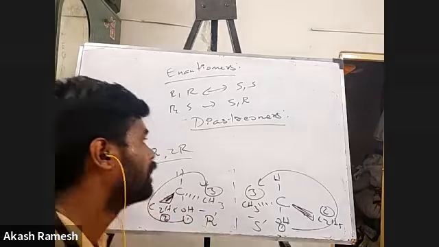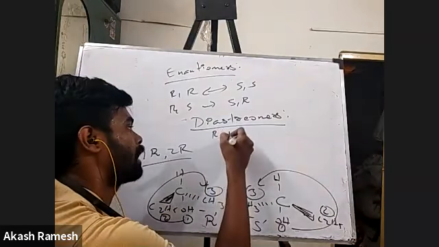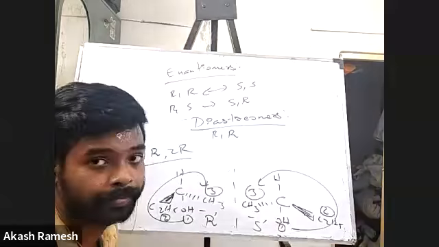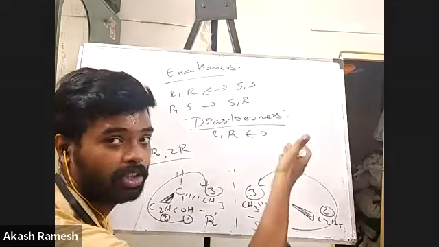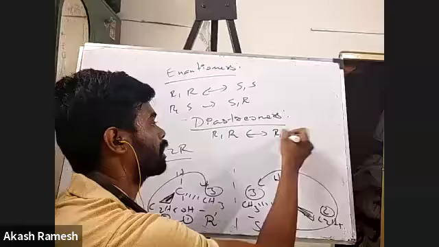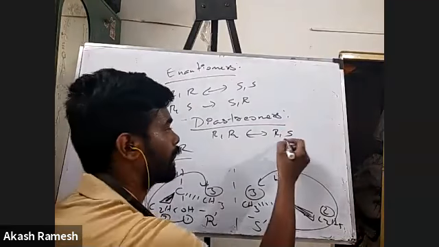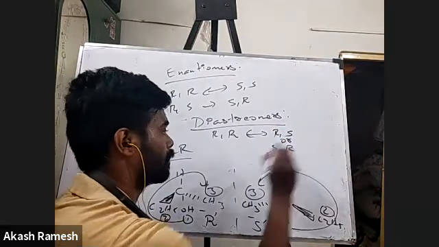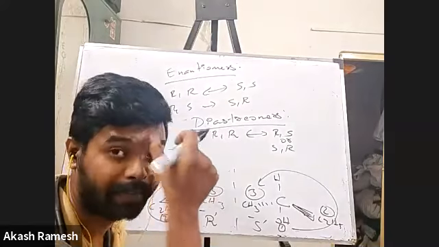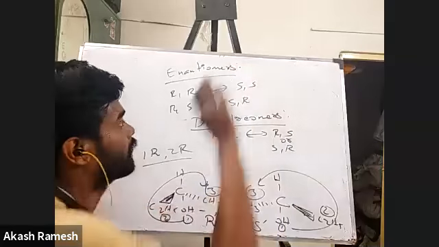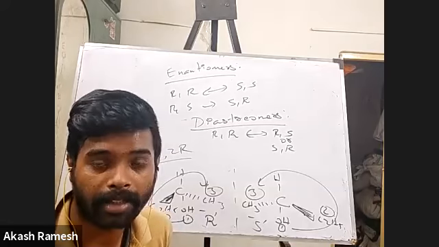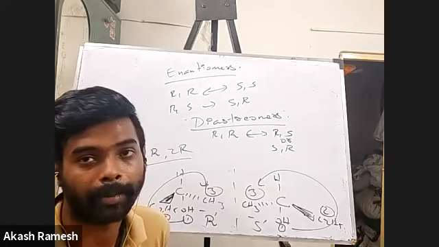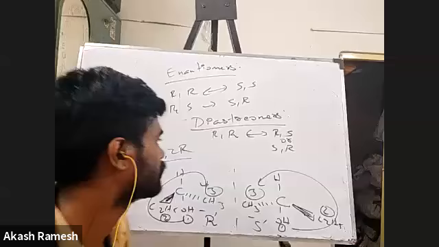For example, the first possibility I can put as R comma R. Say if it is a diastereomer, the other one can be R comma S, or I can even have S comma R. Hope you understand what I'm telling. If it is S comma S completely, then it will become an enantiomer. But if one of the chiral centers is same and the other chiral center is different, then it is going to be diastereomers.